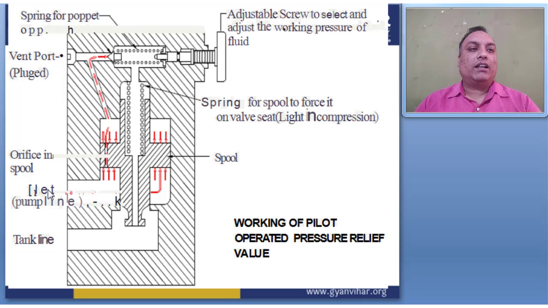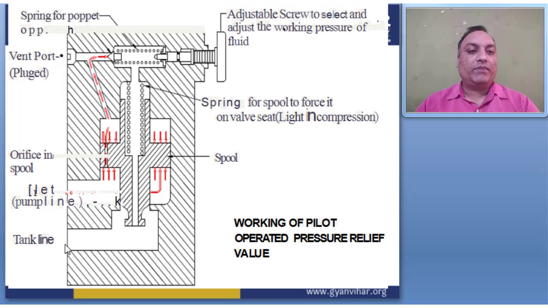So first we give this pressure on this line. First this contracts this spring, and if this spring is fully contracted, then the fluid goes to this line and then passes to the outlet. This is the tank line.